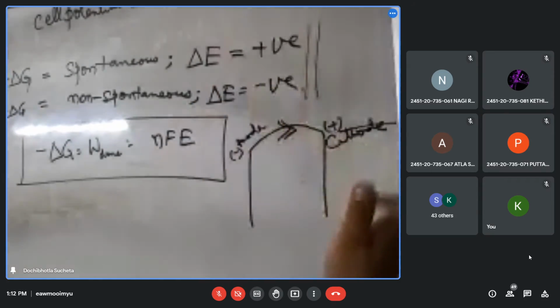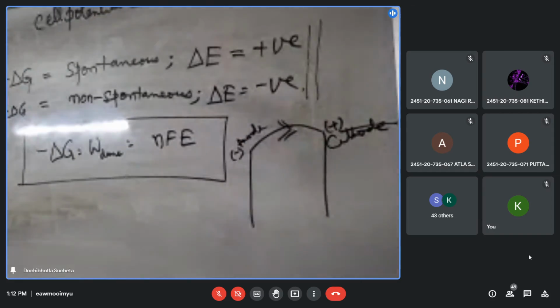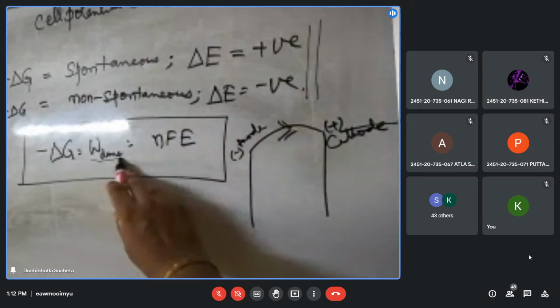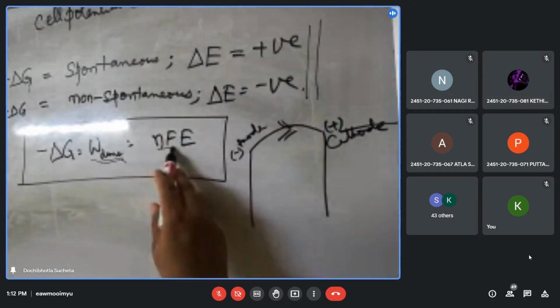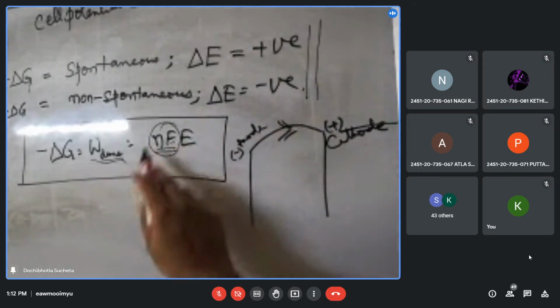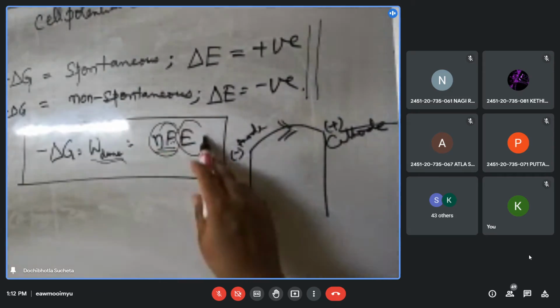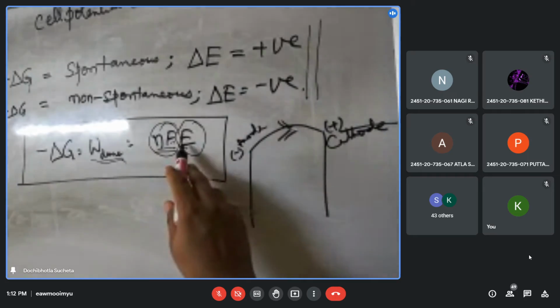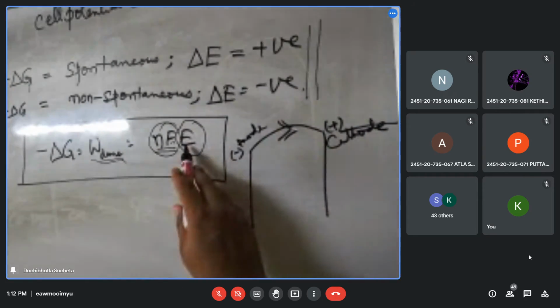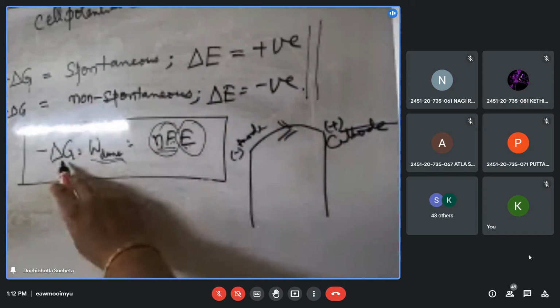The more the potential difference, the more the charge keeps flowing. So how will I calculate the net amount of work done? By taking this formula, NFE. NF is the total amount of charge that has flown between the two electrodes separated by the EMF of E volts. And what I realize is that if E is positive, G is negative.